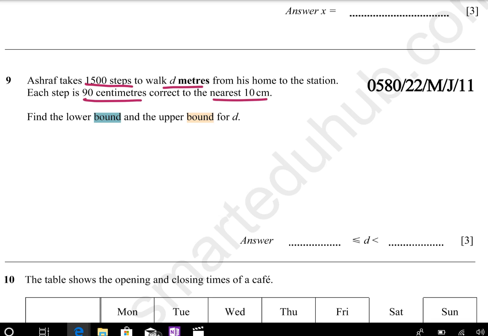So if I have to find out the lower bound of each step in centimeters, it would have been how much? 90 minus what? Whatever number is given as nearest, you divide by 2, and whatever is the answer, you add and subtract. So nearest is 10, so 10 divided by 2 is 5.